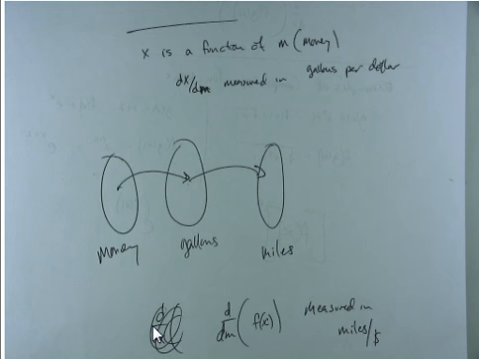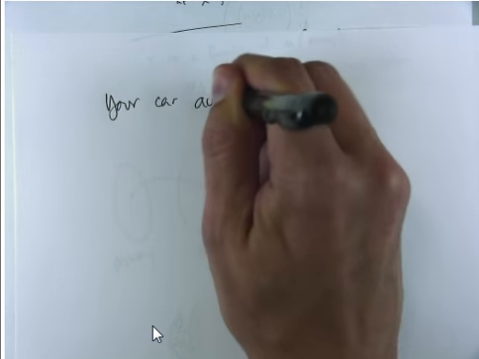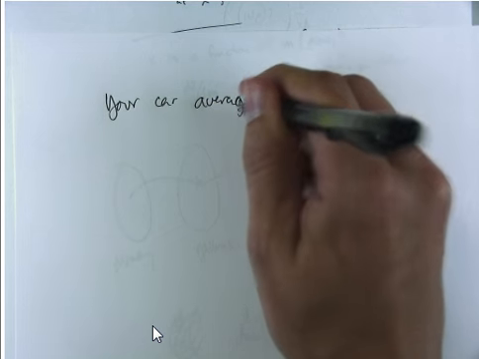How might I figure this out? You know how many miles per gallon you're getting, and you know how many gallons per dollar you're getting. Ideas? Let's do this. Your car averages, so we're talking about average change here instead of instantaneous, but that's fine.